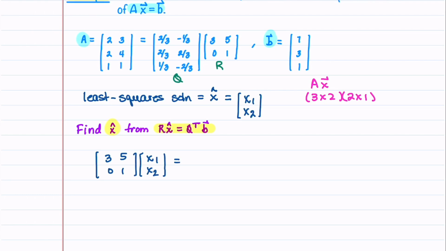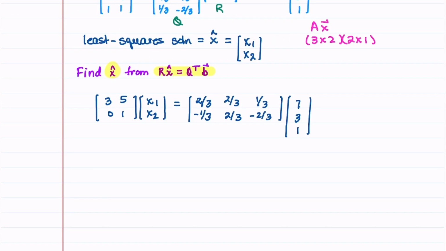And then on the right-hand side, we're going to have Q transpose. So the first row of Q is going to become the first column of Q transpose. And then we have a 2/3 and a 2/3. And then our last column is 1/3, minus 2/3. And we're going to multiply this by our vector b, which is the vector 7, 3, 1.